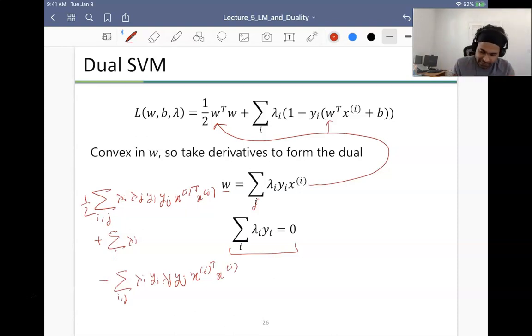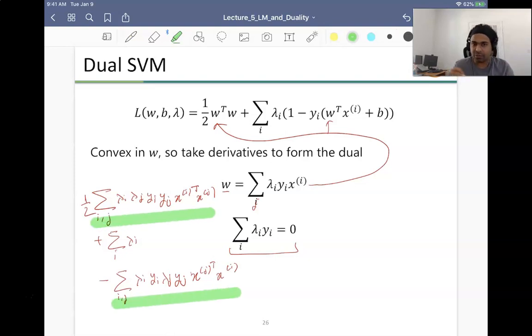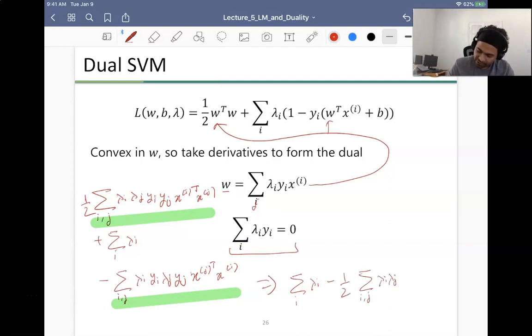So you will see that these two terms are now the same. I have a half minus 1 times this. In the end, I will be left with the sum over i of lambda_i minus half times the joint sum over ij of lambda_i lambda_j y_i y_j x_i transpose x_j.